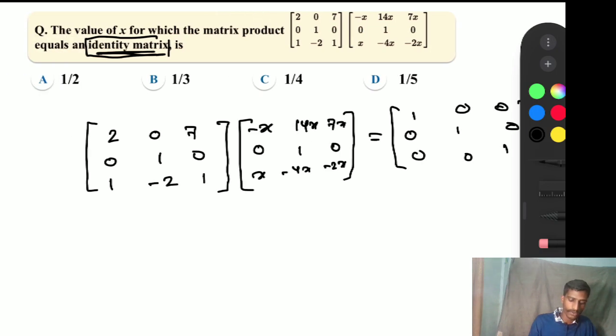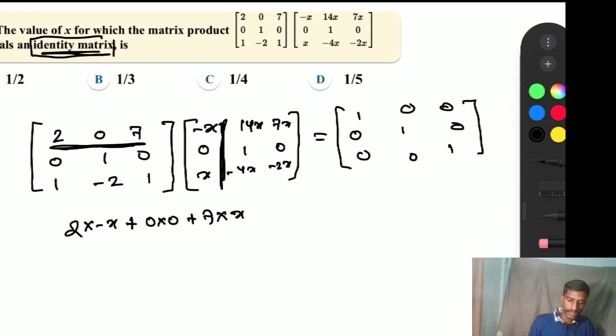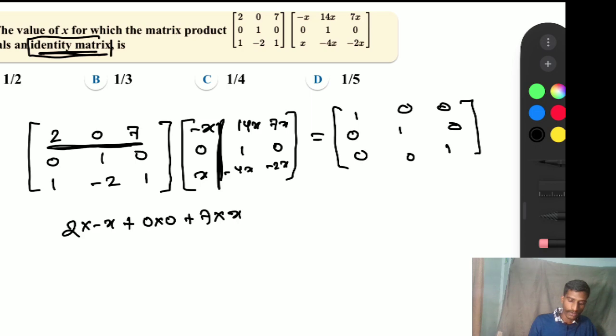To perform this, we take a row and column: 2 into minus x plus 0 into 0 plus 7 into x. From here we can say that it should be equal to 1.